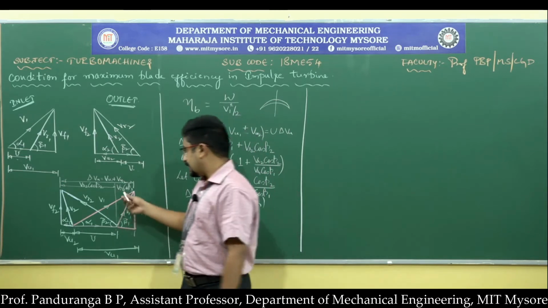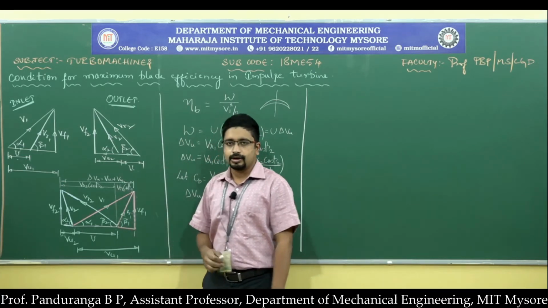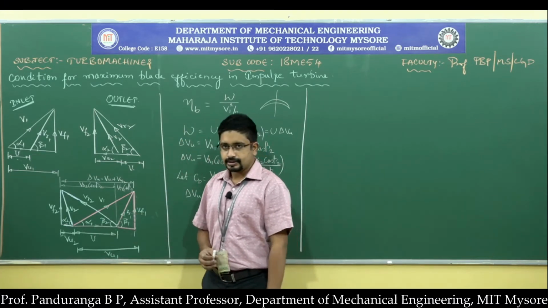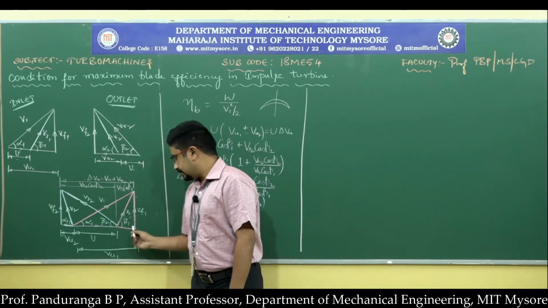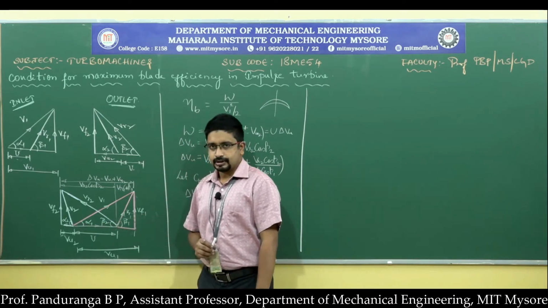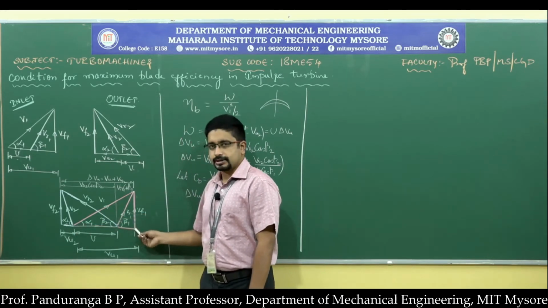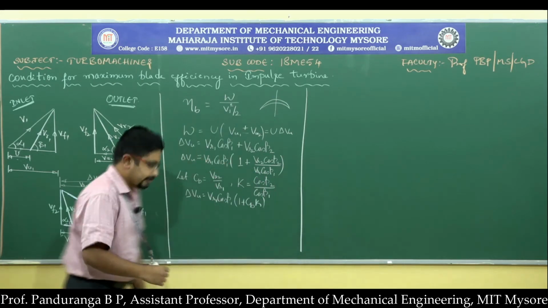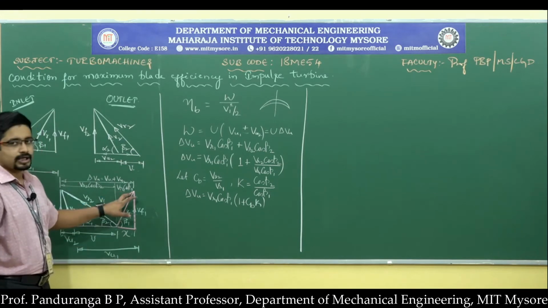So now here I have VR1 cos beta 1. If I observe the inlet velocity triangle, I know that from here till here it is VU1. So from this point till the end of the velocity triangle it is VU1. But now I need this portion, so I will call this X. So X is VR1 cos beta 1.